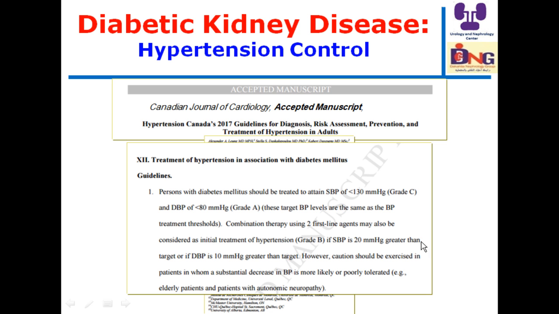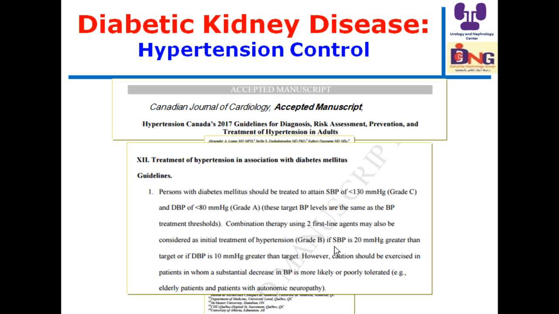A combination therapy using 2 first-line agents may also be considered as initial treatment of hypertension. And this is a grade B recommendation if systolic blood pressure is 20 millimeters of mercury greater than target, or if the diastolic blood pressure is 10 millimeters of mercury greater than the target.